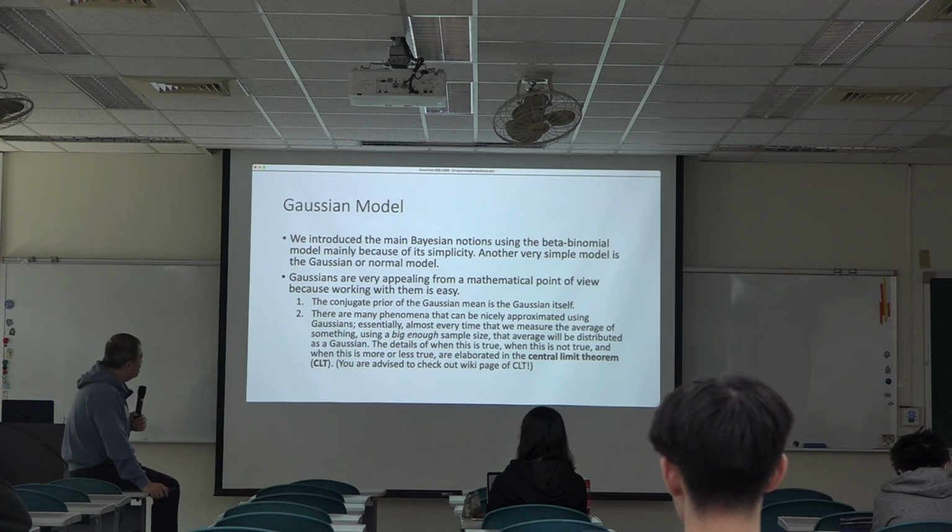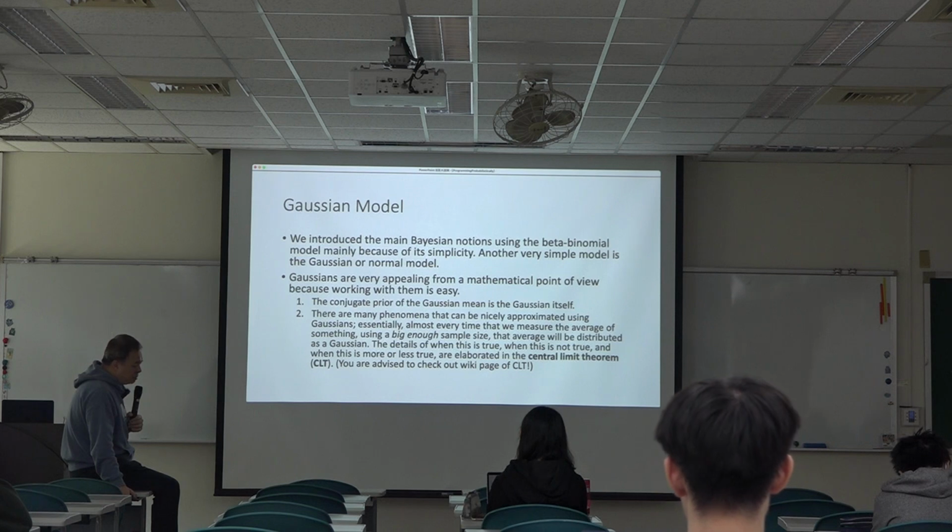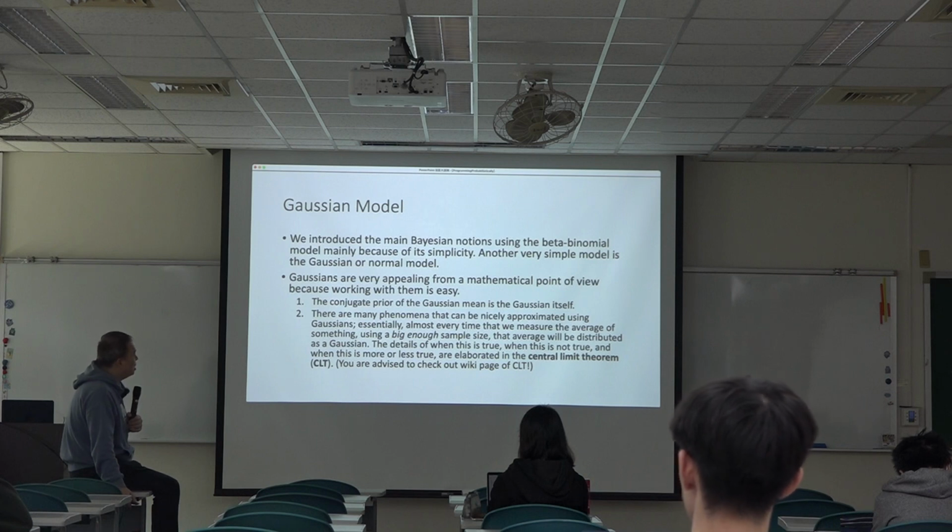Okay, and if you still remember, we actually talked about the Gaussian model or normal model earlier, when we talked about conjugate priors, because I told you, obviously, the beta prior is a conjugate prior for the binomial likelihood.